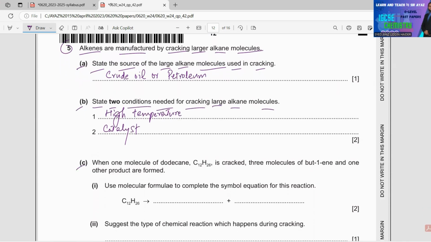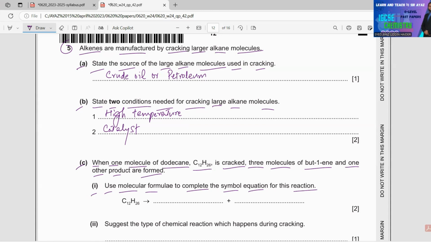Part C. When one molecule of dodecane, C12H26, is cracked, three molecules of but-1-ene and one other product are formed. One, use molecular formulae to complete the symbol equation for this reaction. So we are getting three molecules of but-1-ene.